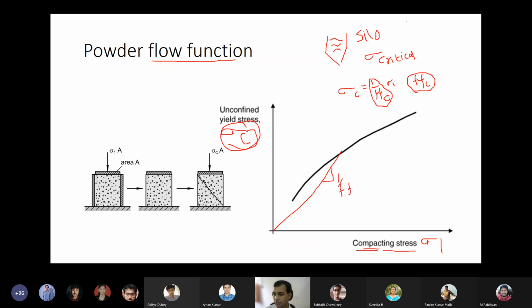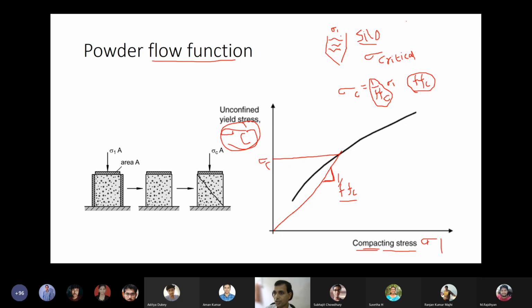This FFC is measured for the silo conditions. This powder is subjected to a certain sigma 1. To find out exactly that sigma 1, the critical sigma 1, is hardly possible. So rather it is easier to find out the FFC value. If you know the FFC value, we get the slope, 1 over FFC. We'll touch this line, and this will be the sigma critical.